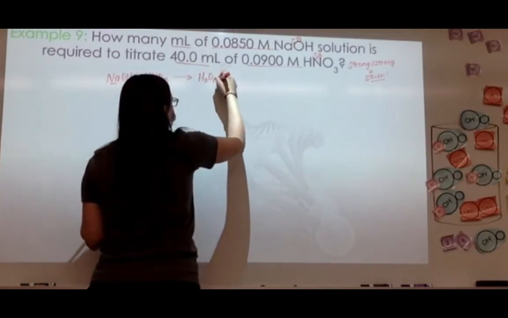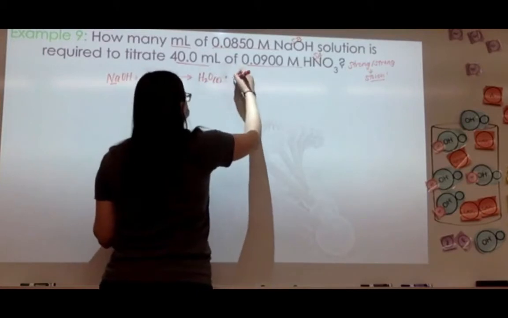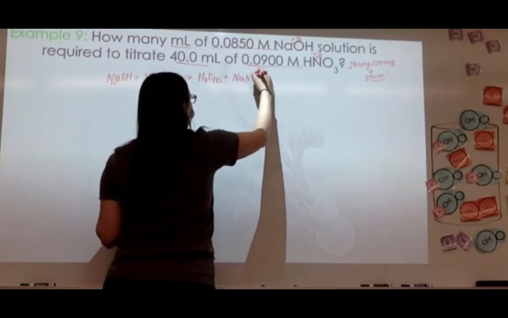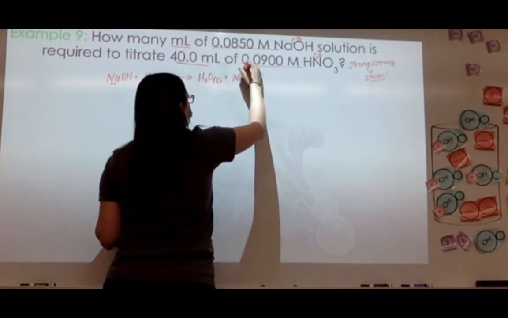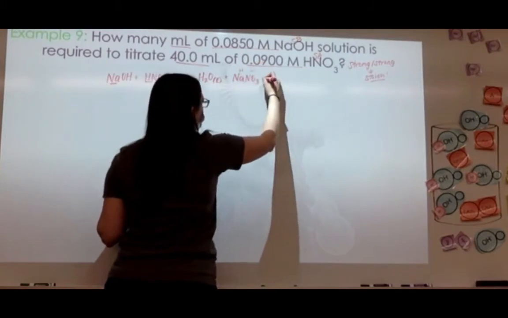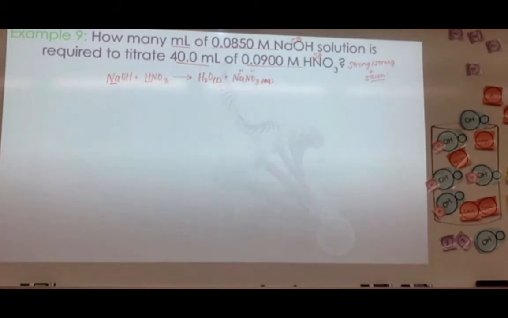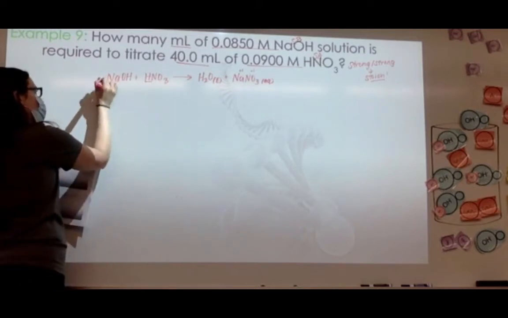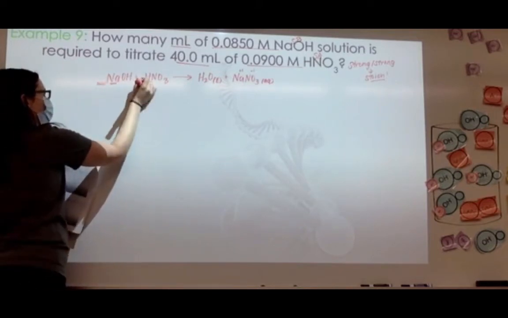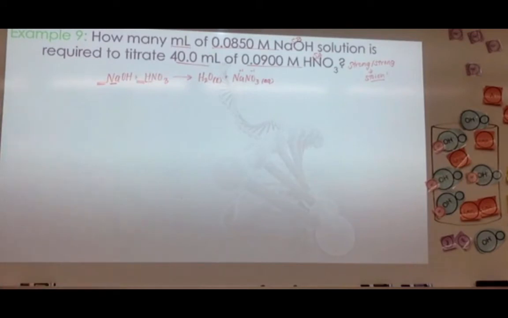That gives us H2O and NaNO3. Na is +1, NO3 is -1. So there's our equation, and if I take a look, it's already balanced. The reason this is important is because this tells me that for every 1 mole of NaOH, we need 1 mole of HNO3.